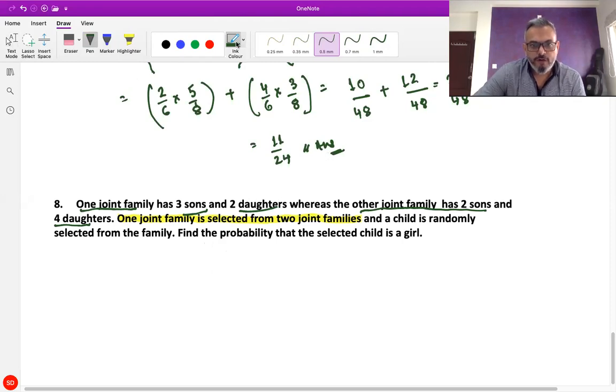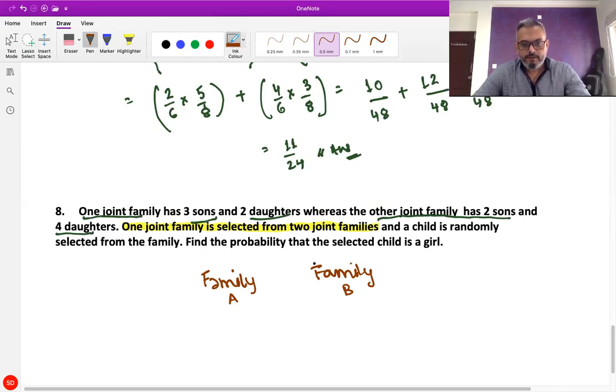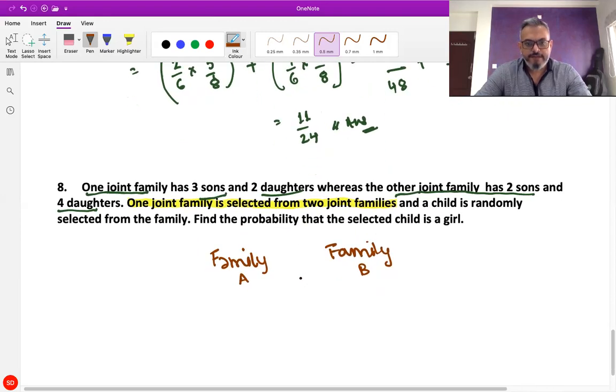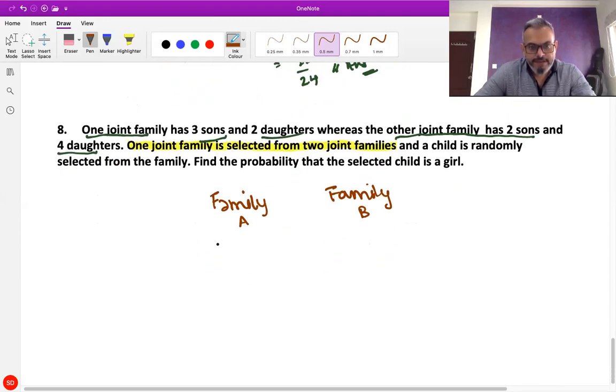So first of all, let's write what is given. So I will say family A, family B. Family A and family B. Family A में, there are 3 sons and 2 daughters.